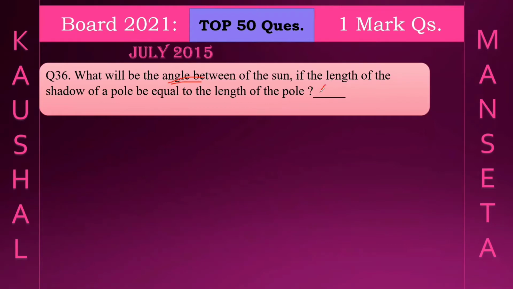So simply we have to remember, whenever the angle is 45 degrees, the length of the shadow is equal to the length of the pole. Next, question number 37.